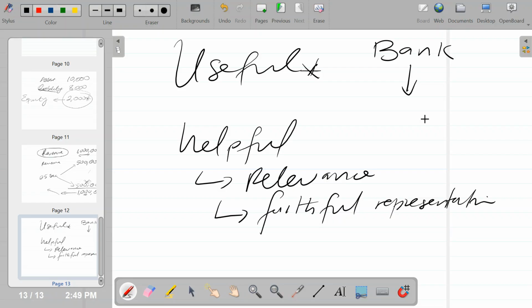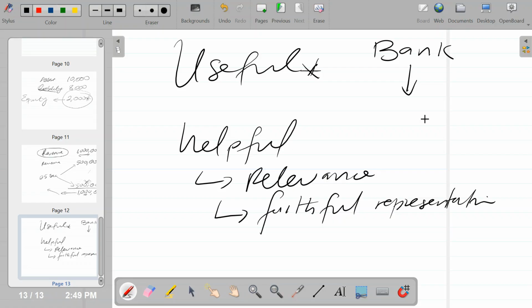Okay, anyone to try? So, information that is material. Should I explain that one? Yes, explain.